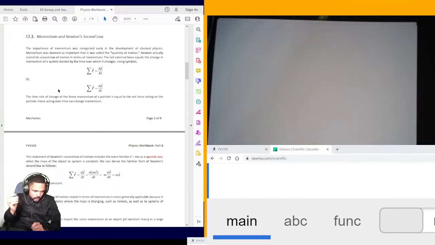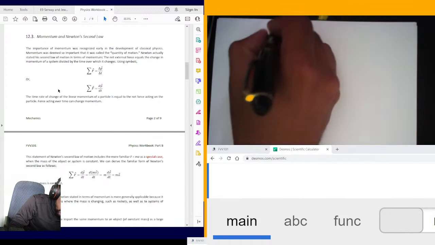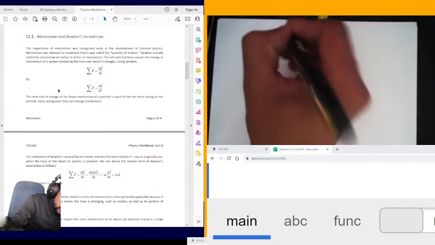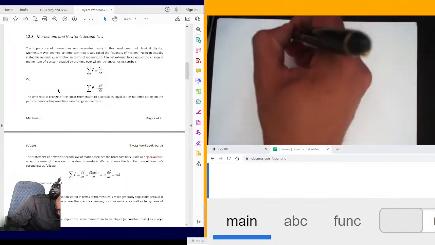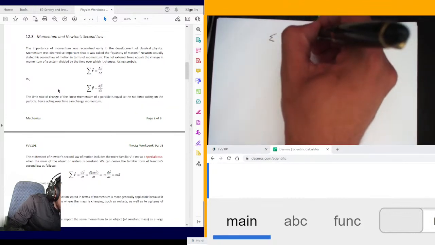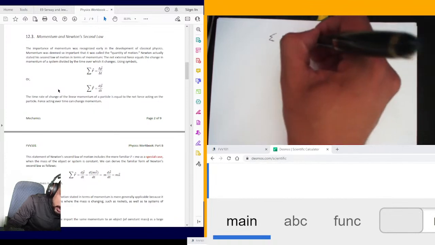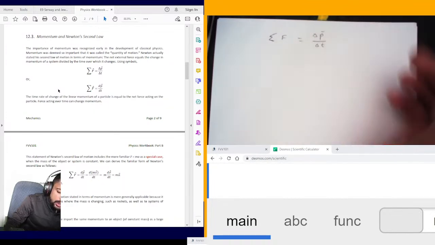Originally Newton expressed the second law like this: the sum of the forces acting on a body is equal to the change in momentum of that body over the change in time.